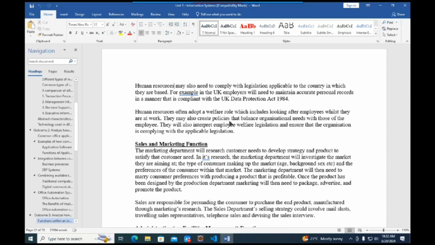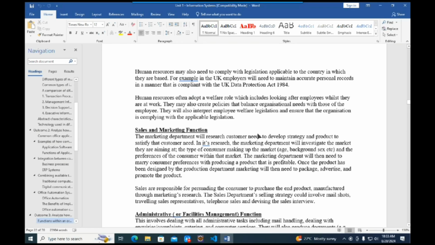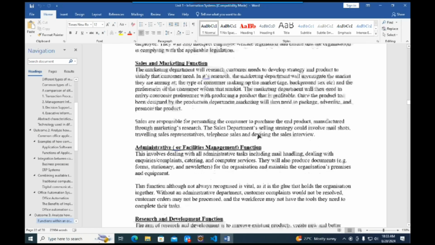The unit will also deal with the welfare of the employee, ensuring that the organization is really applying the legislative policy on employees, so that employees are getting their rights and all that.